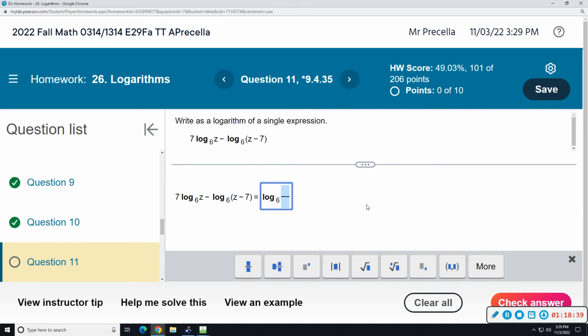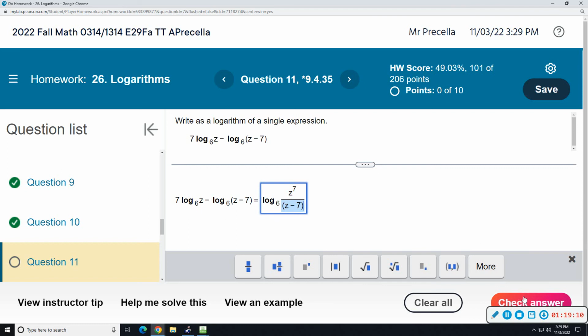One in front of the letter L. So up on top, that 7 is positive. That means this z goes on top, and the 7 is what? Okay, it's an exponent. Down on the bottom, that parentheses z minus 7.